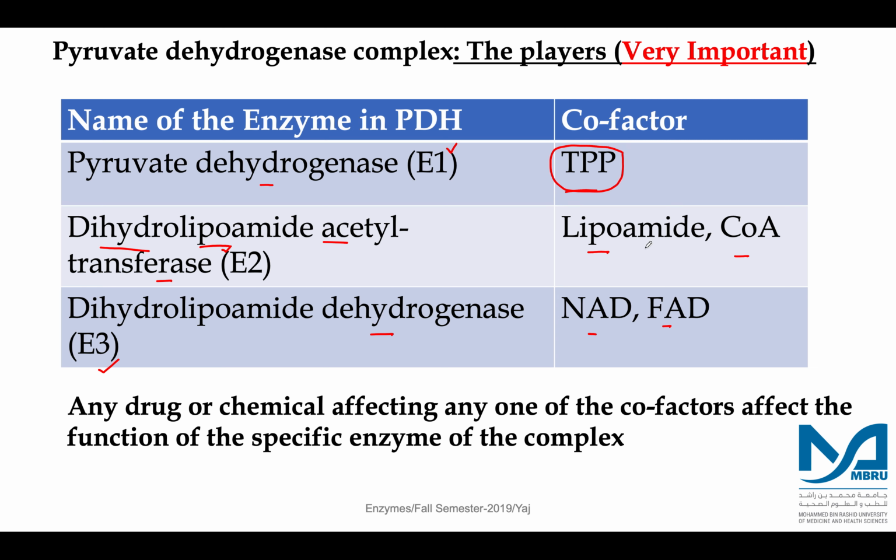So let us say if I take away lipoamide, the transferase enzyme will be impaired and pyruvate will not be converted to acetyl coenzyme A. Similarly, if I take away NAD or FAD, the dihydrolipoamide dehydrogenase will be impaired and pyruvate will not be converted to acetyl coenzyme A. So this slide is very important, and you need to remember the cofactors that are used by the individual enzymes in the pyruvate dehydrogenase complex for their activity.